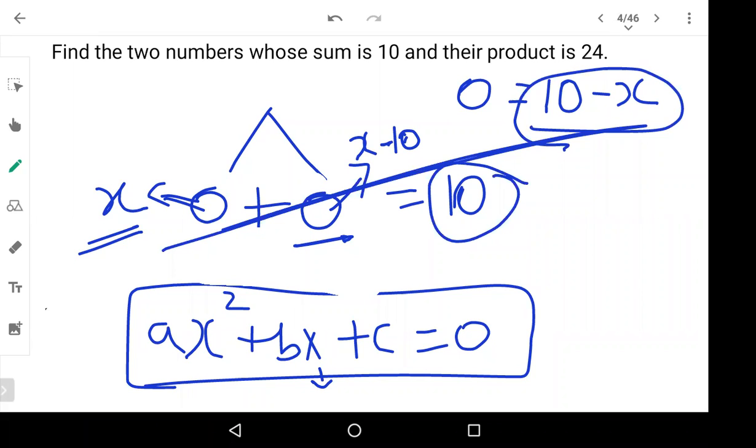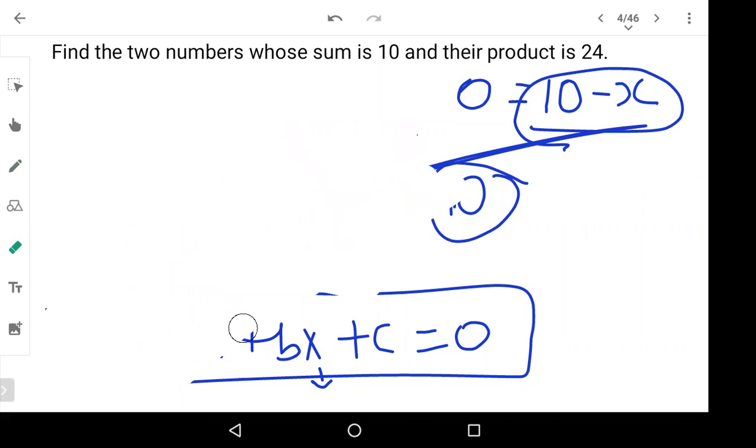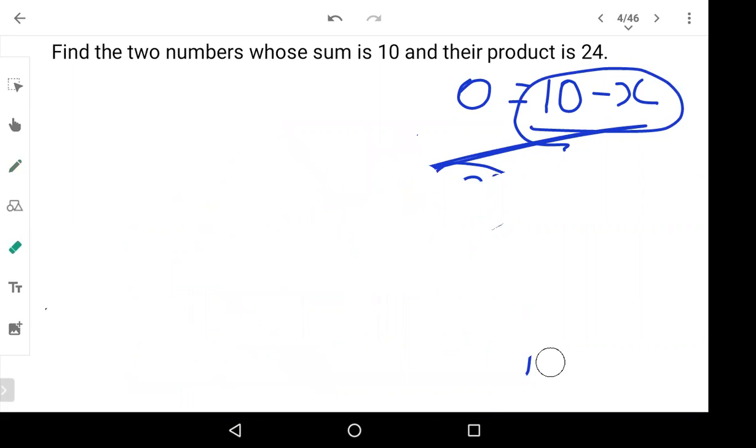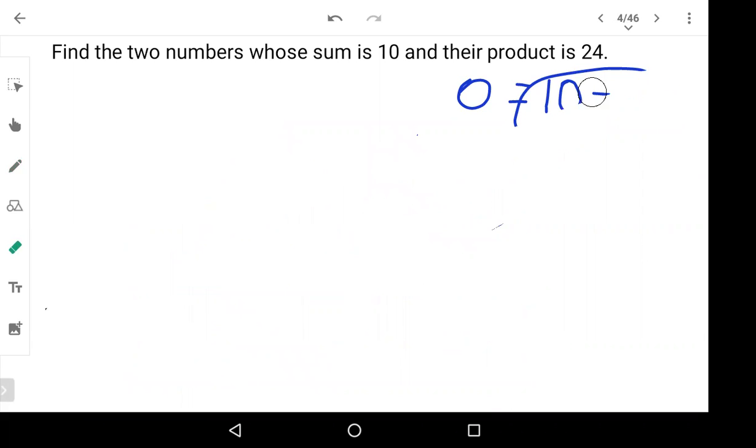That is what I am trying to do. Now let us do one thing. Let us take one of the numbers to be x and the other number to be x minus 10, and we will see what numbers we get. You can have a lot of possibilities.